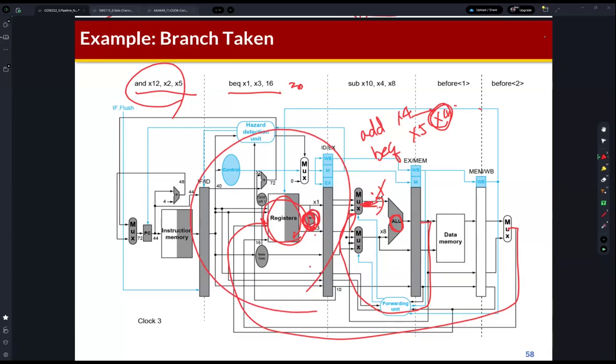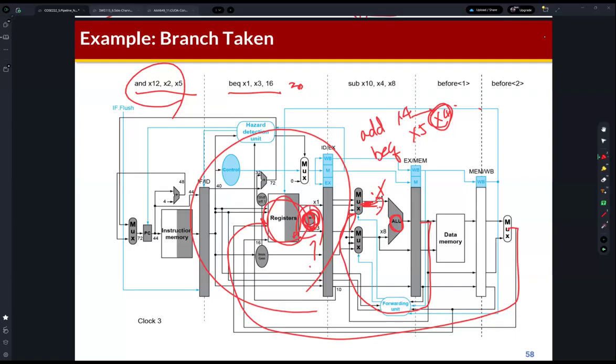So we are learning a simplified version of a pipeline processor, which means our pipeline processor just supports BEQ. I explained that we can add the comparison unit just after the register file.